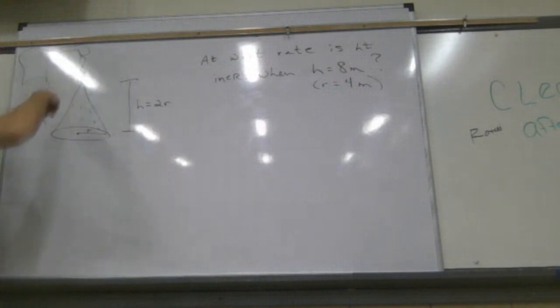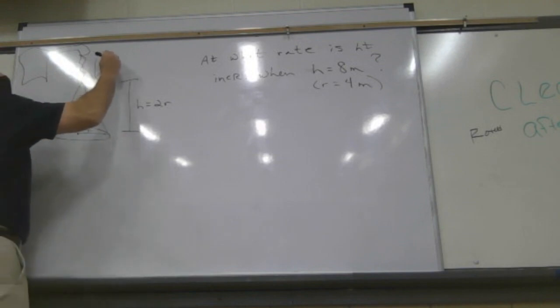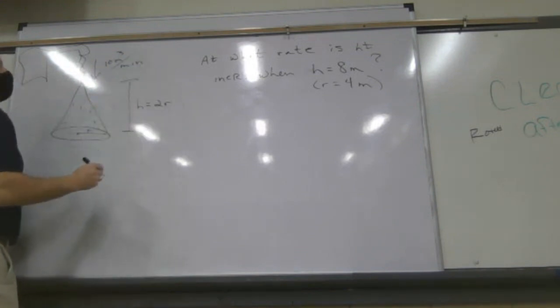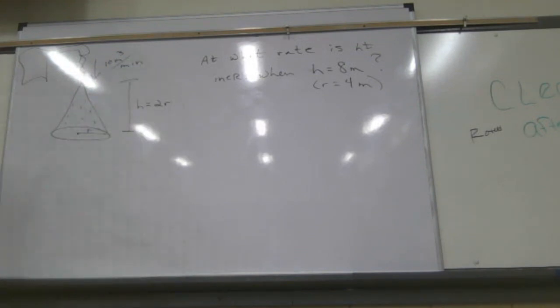But at what rate is this dropping? 10 cubic meters per minute, which is volume, right, per minute. So what does this represent?